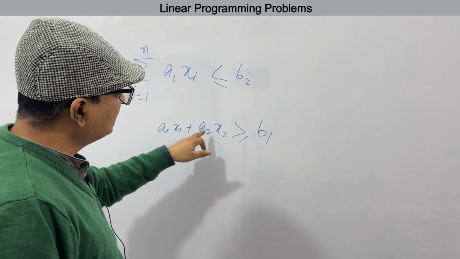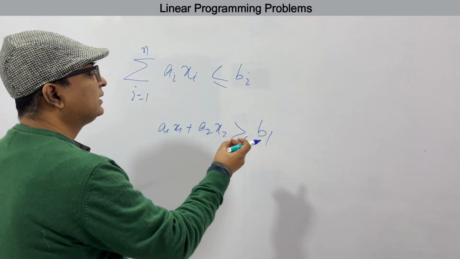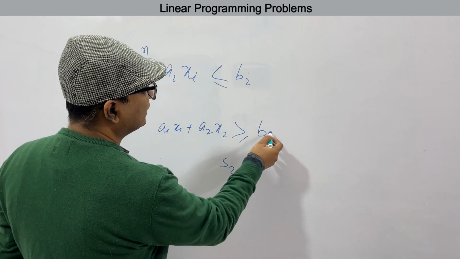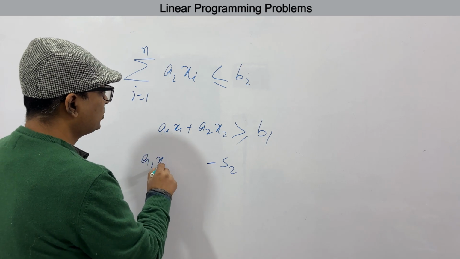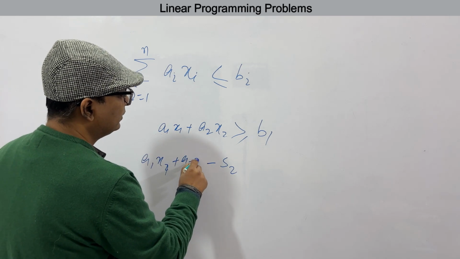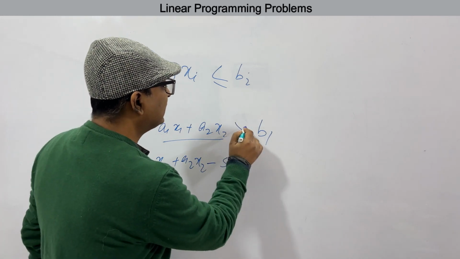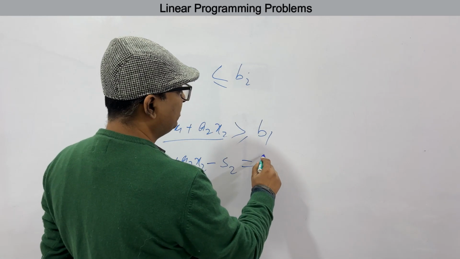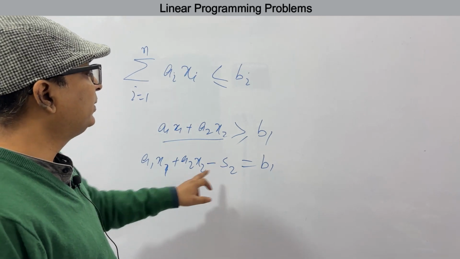Then if a variable s2 is subtracted from this side, the greater than sign will go and this will become b1. At s2 equal to 0, this will be equal to b1.